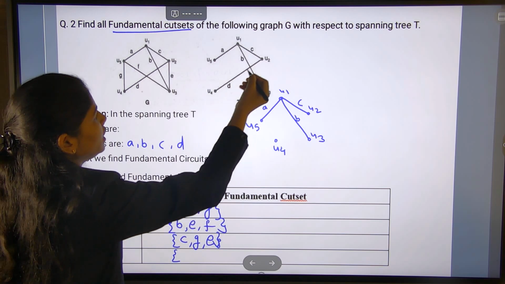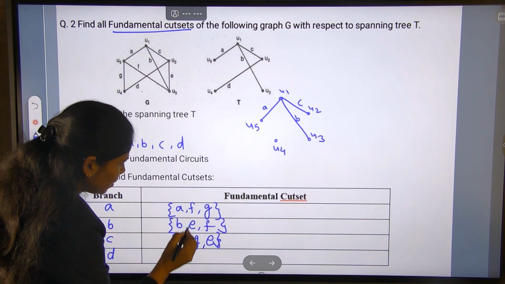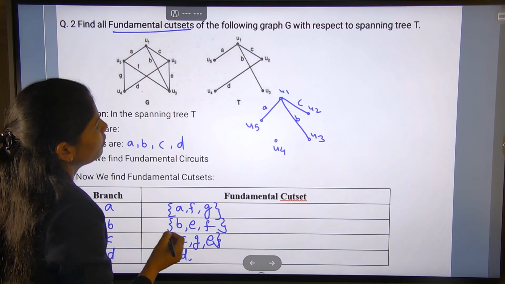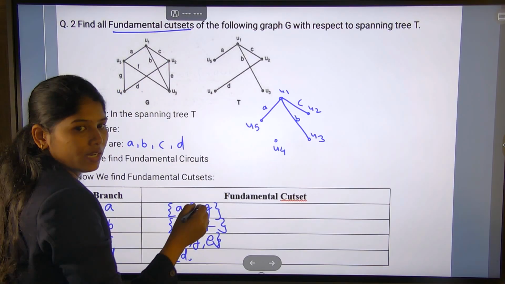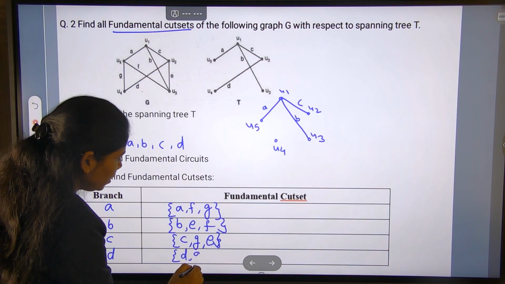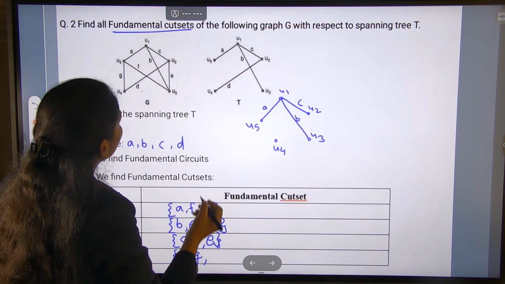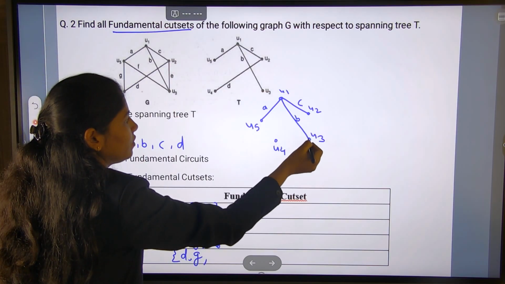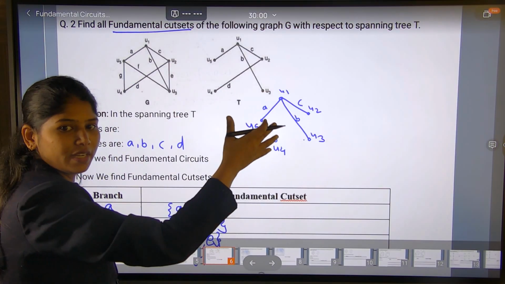First, D itself: if we draw D, we get the connected one. Then if we draw G, after joining G we again get the connected one. Therefore G. Next, if we draw E, we remain with two disconnected components.